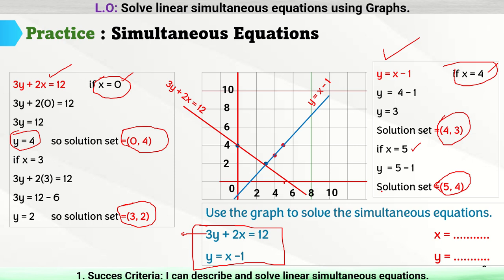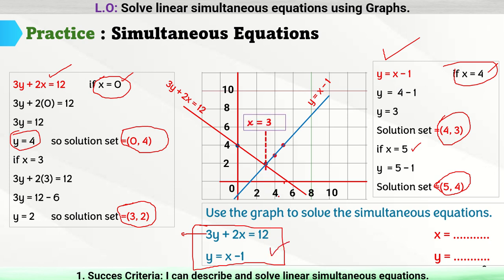Now according to the definition, the point at which both the lines are intersecting each other will have values of x and y, and those two values will satisfy both of these equations.